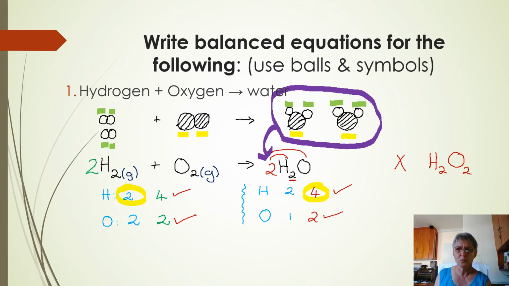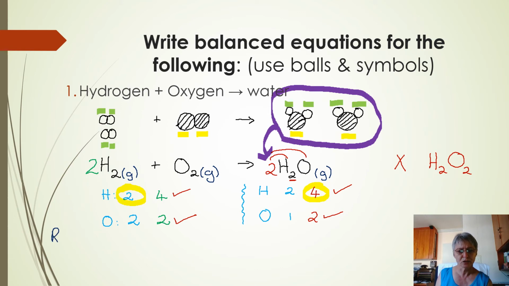Now, when water forms in this reaction, it would be water vapor because the temperature is much higher than 100 degrees Celsius, which is higher than the boiling point of water. So water molecules, when they are formed in this reaction, will also be a gas.